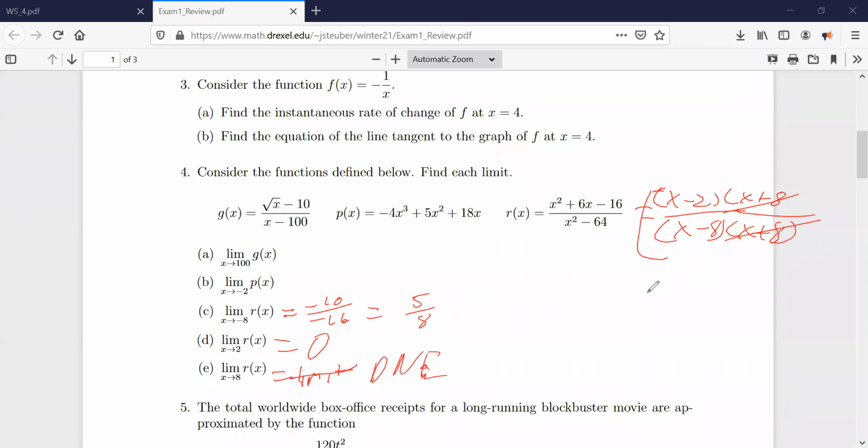So the limit does not exist, because when I approach 8 from above, I get positive infinity, but when I approach 8 from below, I get negative infinity. Does that make sense to people? Yeah. It looks something kind of like this. The graph. Cool.